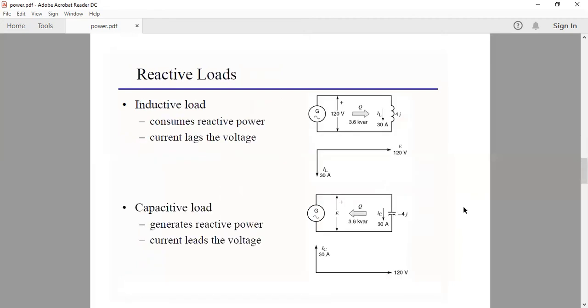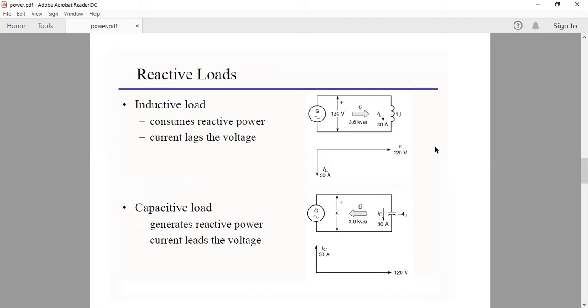Let's see the sources of reactive power, which are nothing but the reactive loads, which consist of inductive loads as well as capacitive loads. Inductive loads consume reactive power, where current lags the voltage.